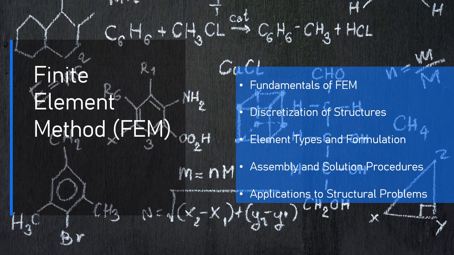2. Unstructured mesh. An unstructured mesh uses irregularly shaped elements, triangles or quadrilaterals in 2D, tetrahedra or pyramids in 3D, to fit the geometry of complex structures. It is highly flexible and works well for structures with intricate geometry.